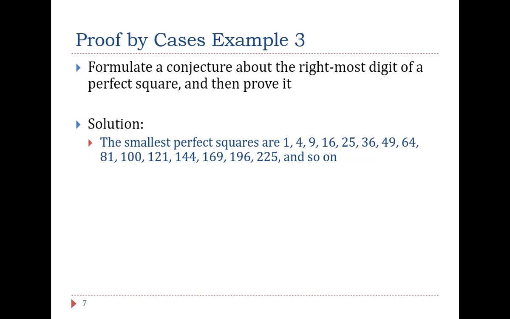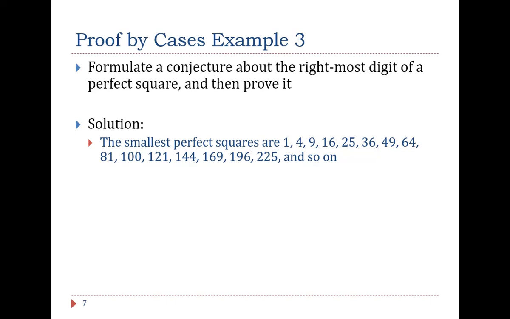The perfect squares of numbers, square of 1, square of 2, square of 3, and so on, are as follows: 1, 4, 9, 16, 25, 36, 49, 64, 81, 100. I'm just focusing on the last digit. So you see 1, 4, 9, 6, 5, 6, 9, 4, 1, 0, 1, 4, 9, 6, 5.